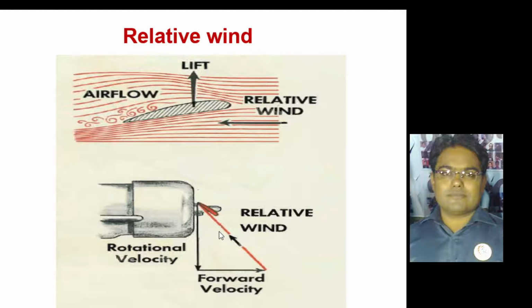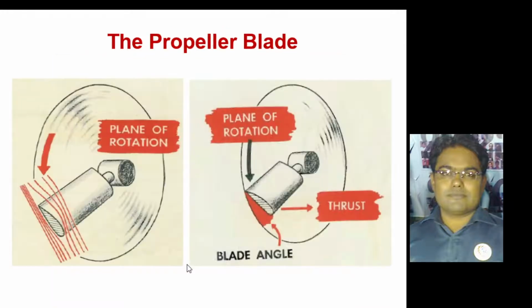This is the relative wind direction, and this is the direction showing the rotational velocity. When they are rotating, they will be rotating like this. So velocity parallel to the plane of rotation is called rotational velocity, and as a result of these changes of velocity, you are getting the forward velocity by which your aircraft is moving on.